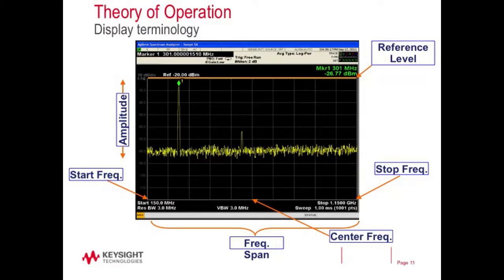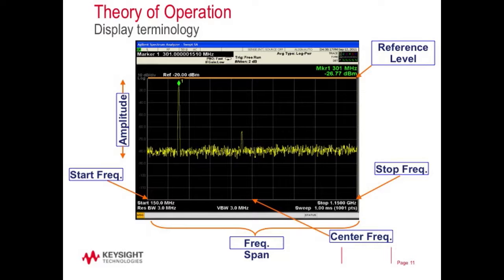Down here we can see this is a frequency axis. So here's my start frequency, here's my stop frequency. So I can see that with this marker, I've got a signal that has roughly minus 27 dBm in amplitude, and it's at 301 megahertz.